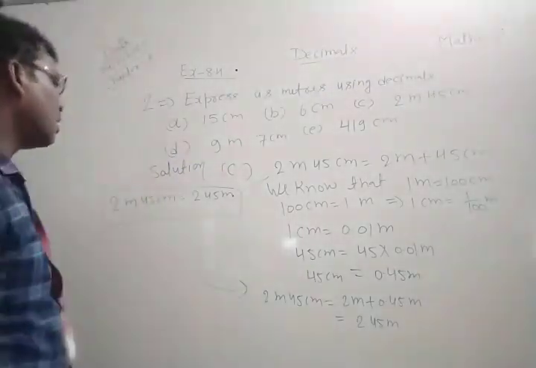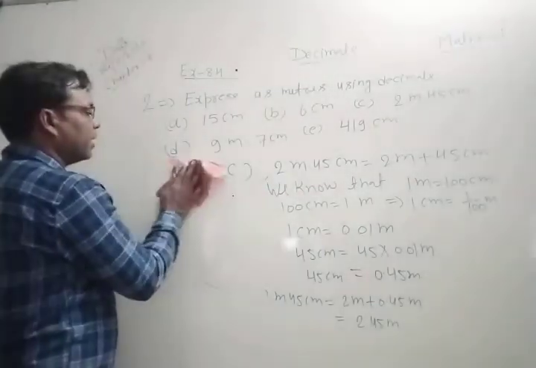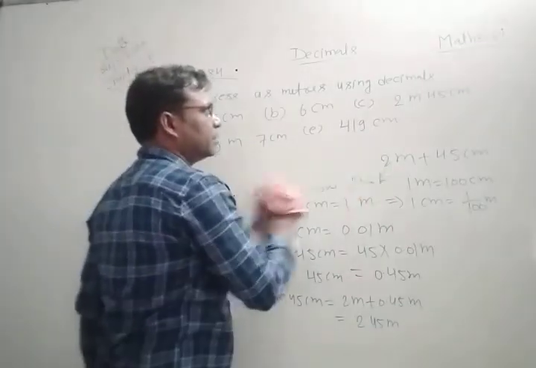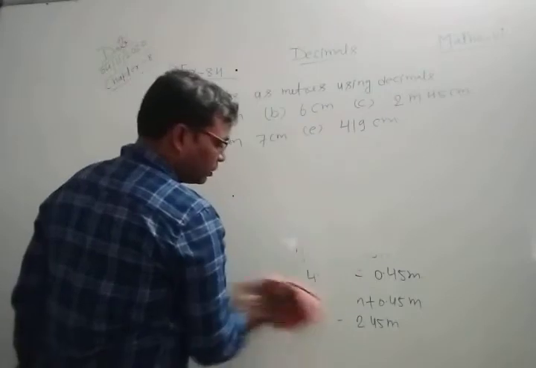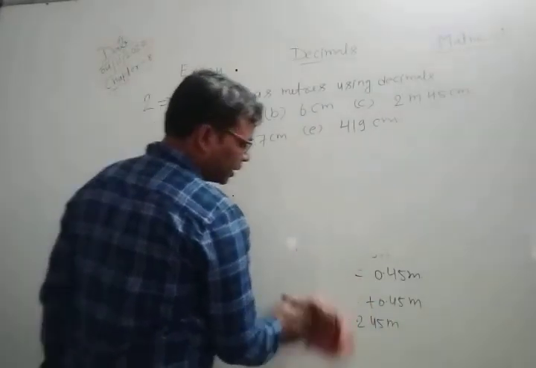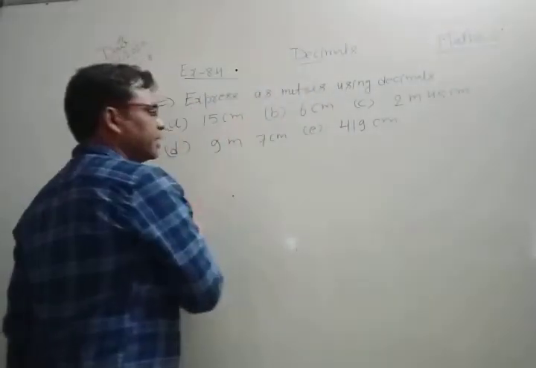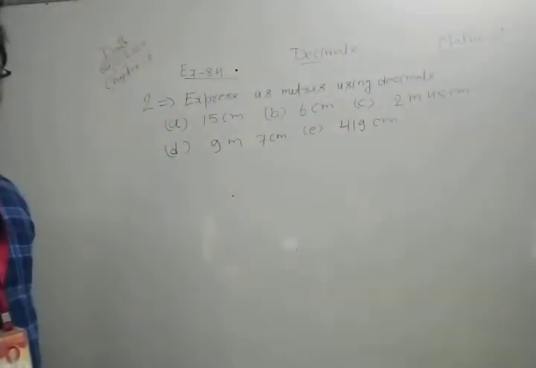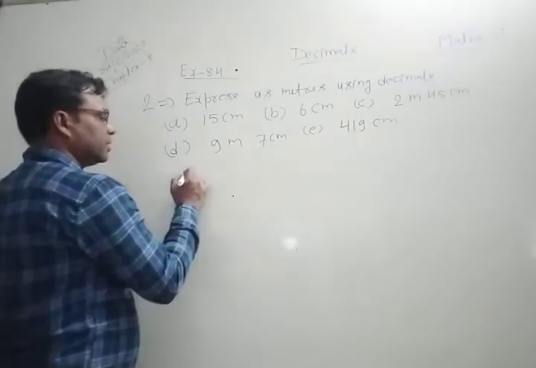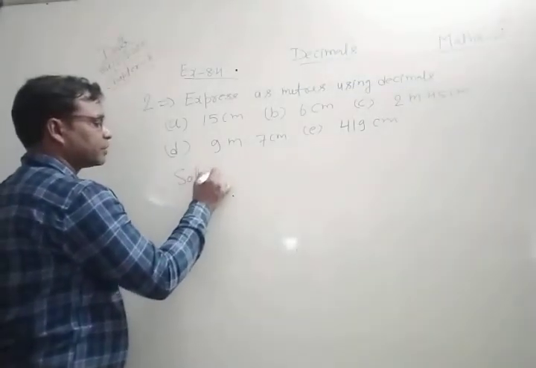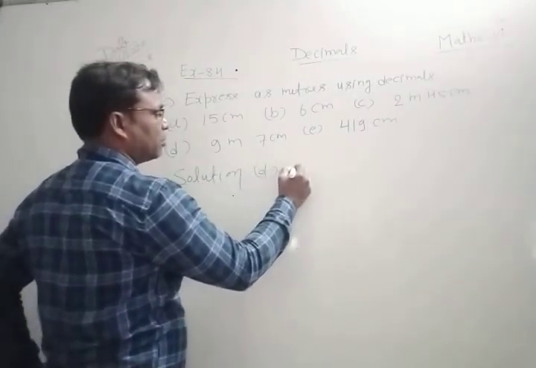So let's see how to express 9 meter 7 centimeter as a meter using decimal. So here 9 meters. We do not change 9 meter as this is given in meter. We only change 7 centimeter into meter, and after this we can sum it. So this is the solution of the D part of question number 2.